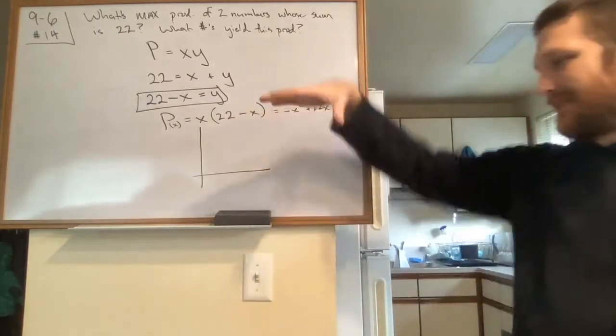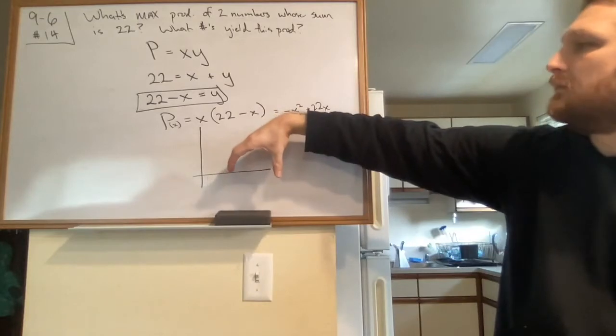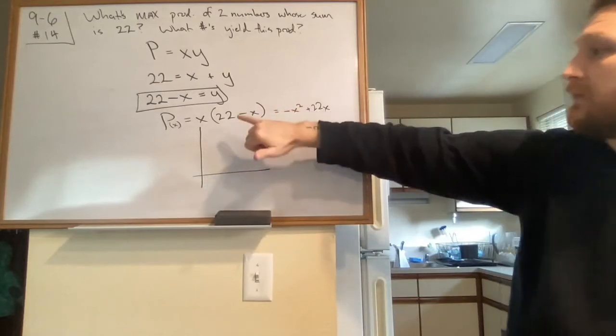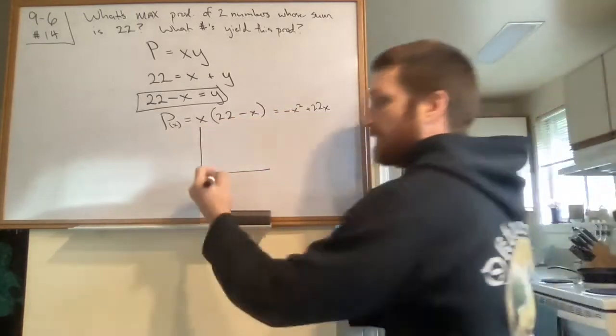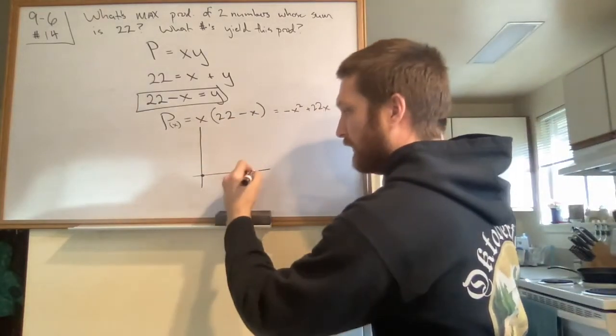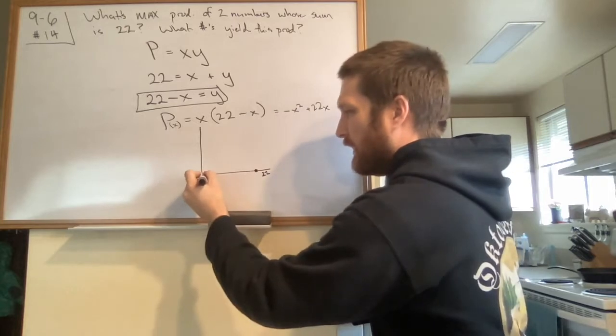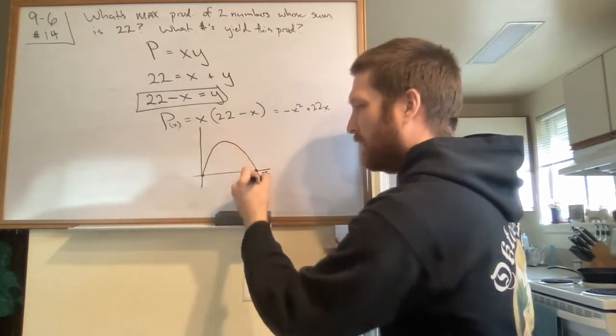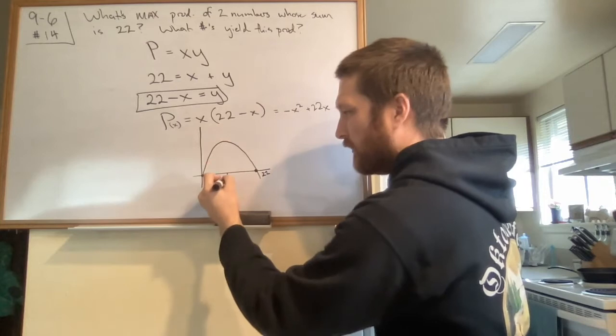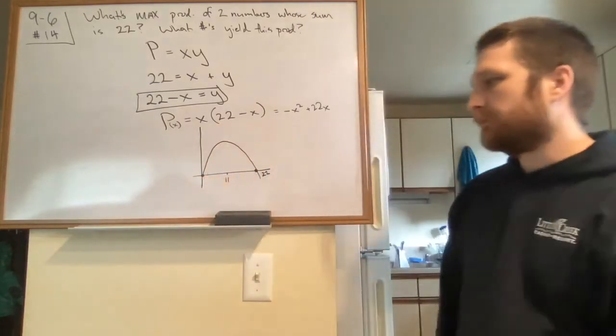This should be a downward opening parabola, right? And I could see that when I plug in a 0, I get out a 0. When I plug in a 22, I get out a 0. And so it's got to do something like this. Halfway between is where it's going to go through. So we should go through right there at 11.